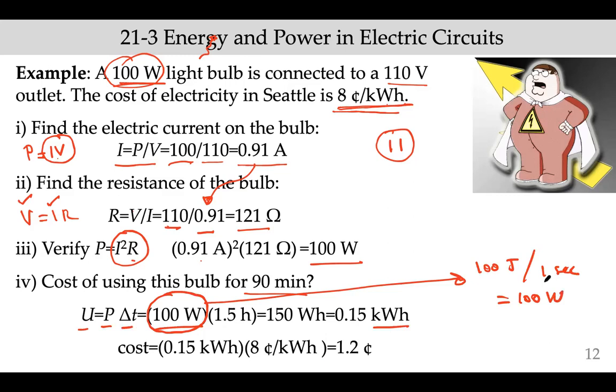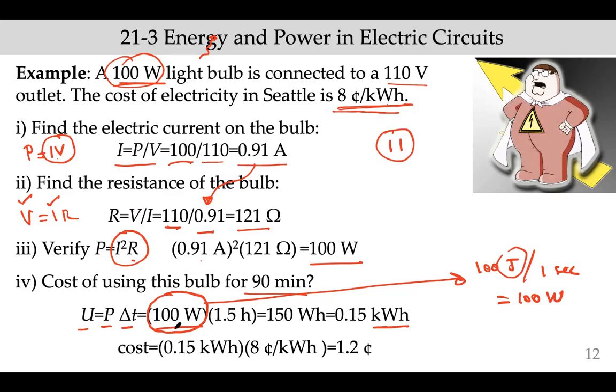So if it spends 100 joules in 1 second, and I want to calculate how much energy it spends in 90 minutes, then I just multiply by time and it gives me the energy. Except in this case, I will not use joules, but I will work with kilowatt hours. Again, this is in units of energy.